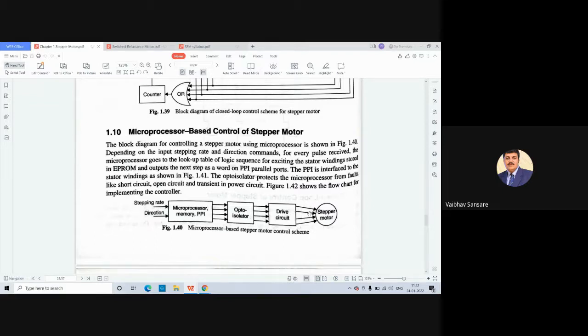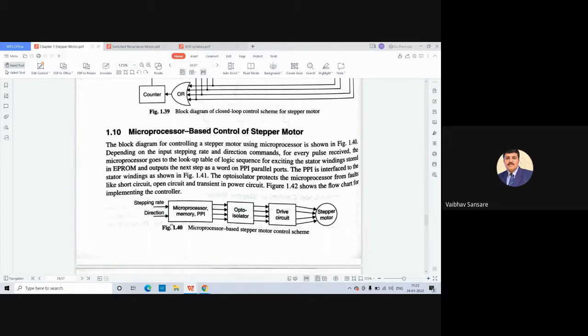So we provide this logic sequence to the driver circuit of the semiconductor devices. That driver circuit is the gate driver circuit of the semiconductor devices. Every semiconductor device has its own driver circuit, and there is one semiconductor device present in each phase. So that is about the driver circuit block.